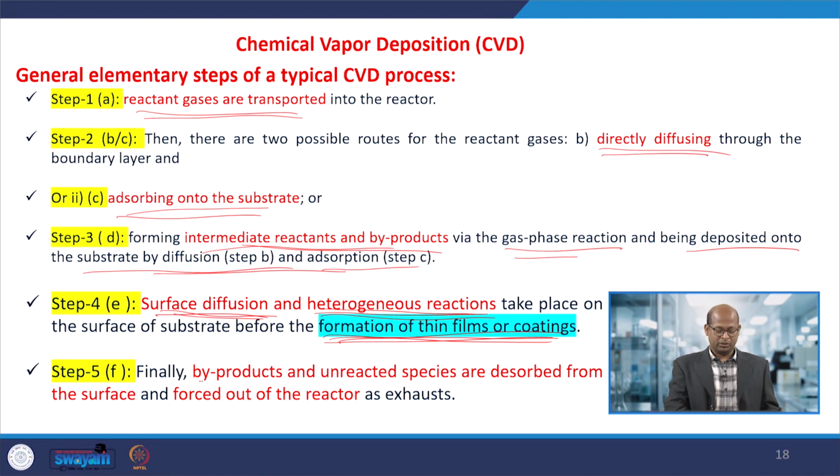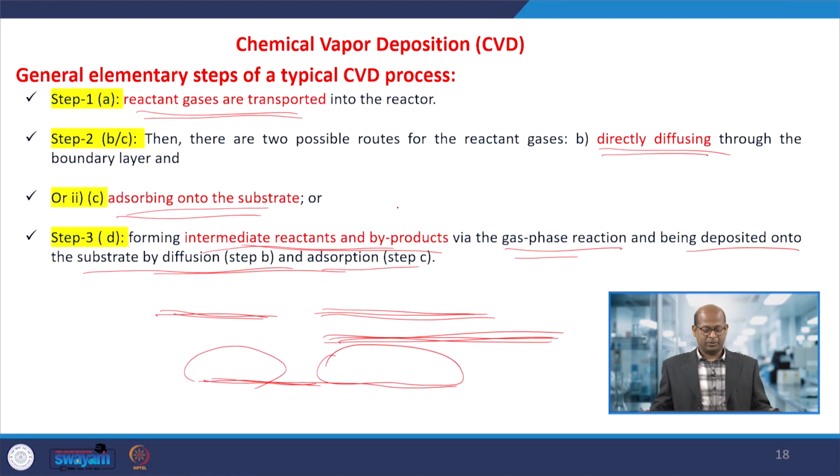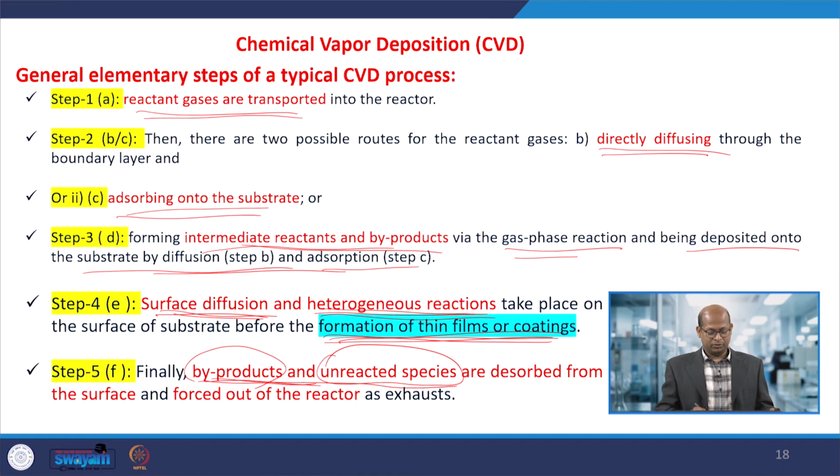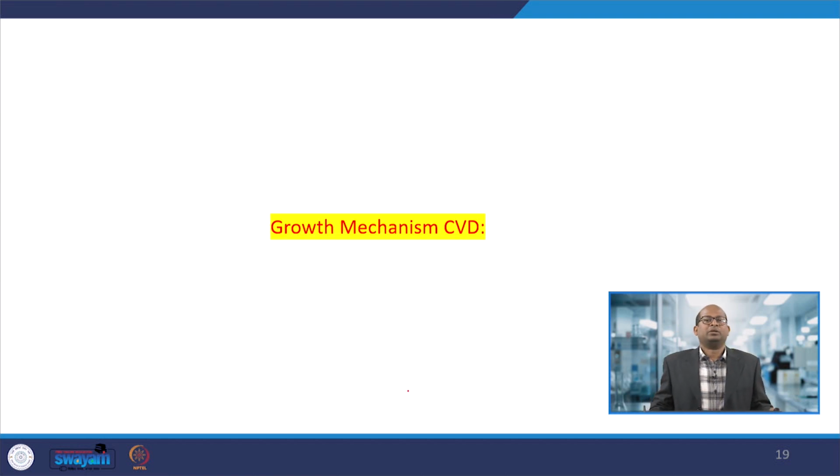The reactant molecules in the gas phase are reacted or decomposed, and as a result some byproducts, unreacted species, or intermediate reactants may form. These are desorbed from the surface and removed through the reactor's exhaust, going out from the CVD reactor.